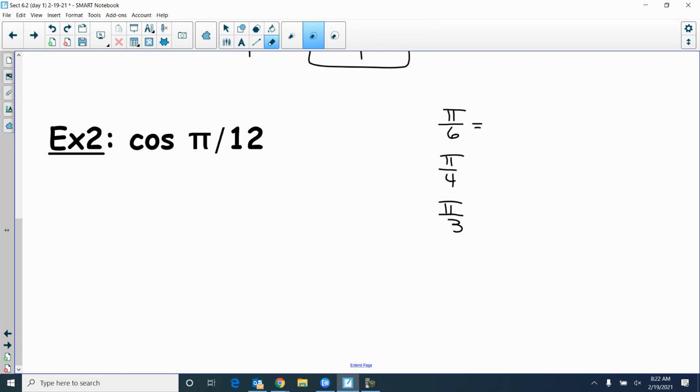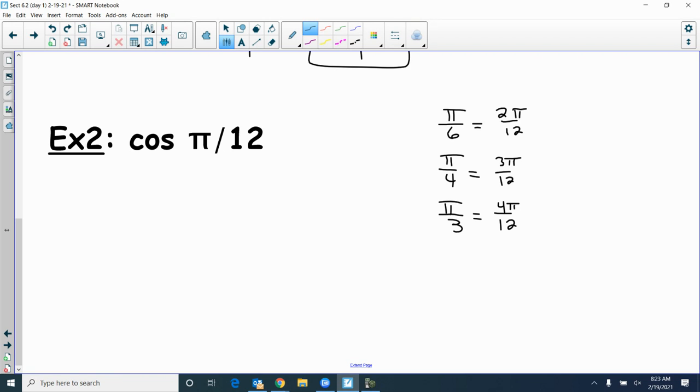Hold on. And pi over 6. I'm going to just give these denominators of 12. So that would be 2 pi over 12. Pi over 4 would be 3 pi over 12. And then this would be 4 pi over 12. So I just got to get a combination. I'm going to have to subtract to get pi over 12.